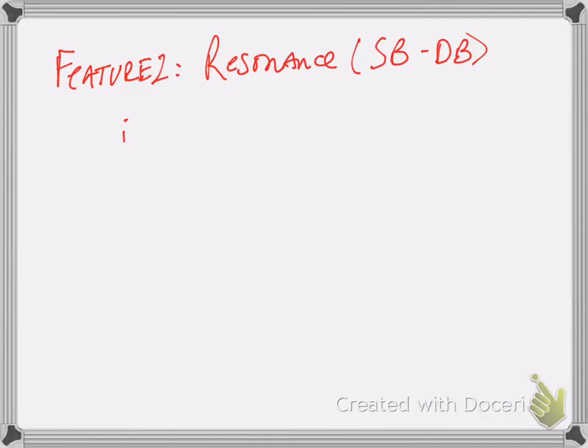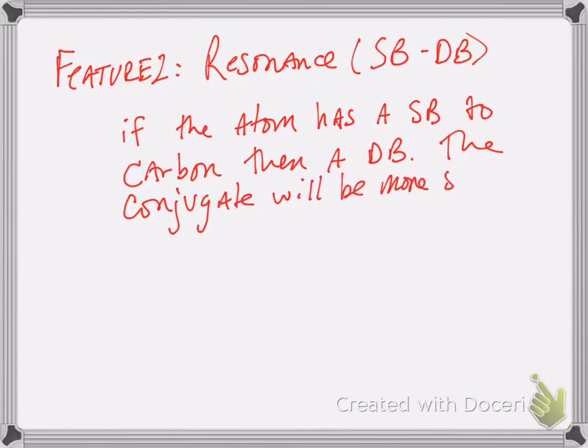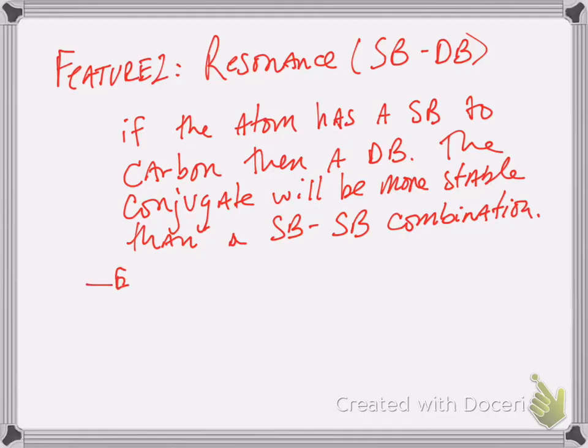Okay, so feature 2 involves the delocalization of charge and resonance that occurs with single bond, double bond combinations. If the atom has a single bond to a carbon and then a double bond, the conjugate base will always be more stable. It doesn't matter, all bases will be more stable with a single bond, double bond than with only single bond combinations.